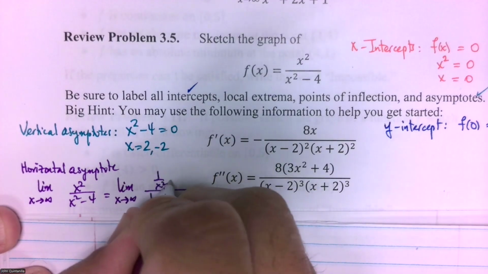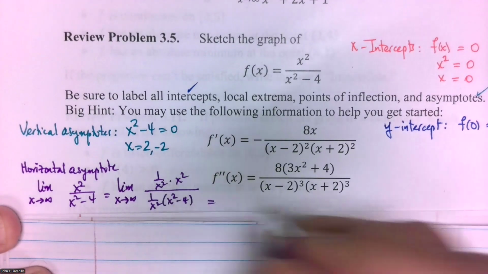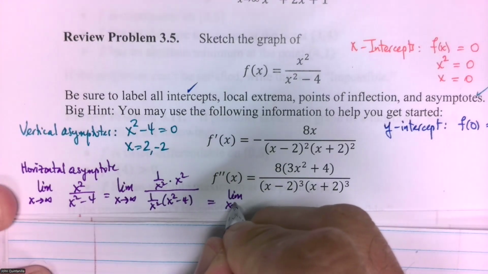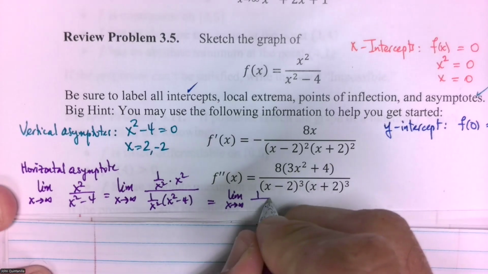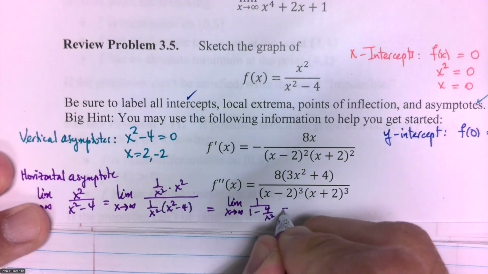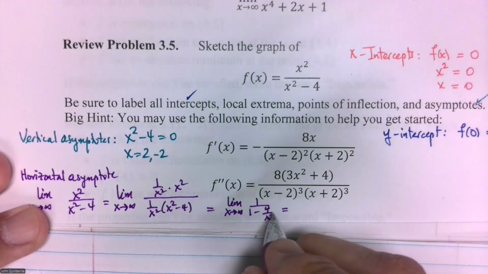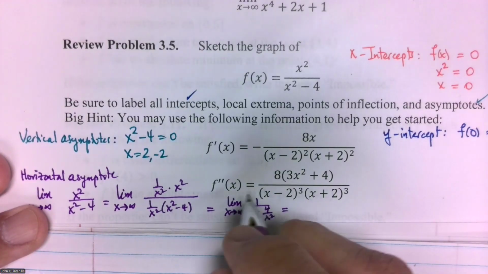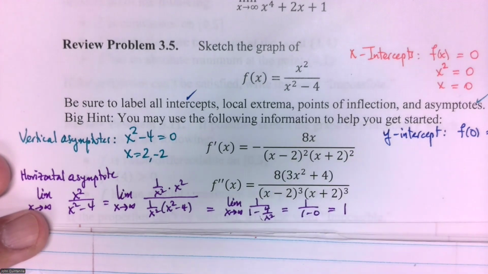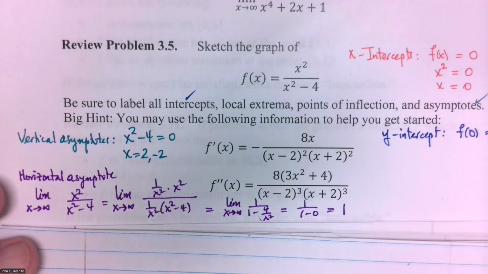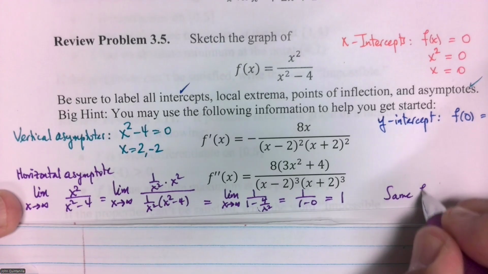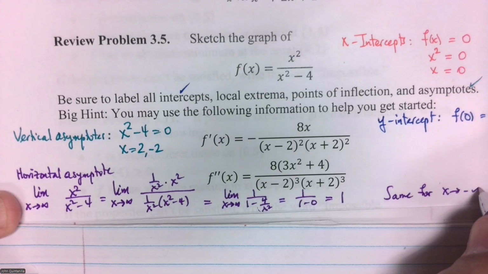That is equal to the limit as x approaches infinity of 1 over 1 minus 4 over x squared. 4 over x squared goes to 0 as x goes to infinity. So this goes to 1 over 1 minus 0, which is 1. And the same will apply for x goes to negative infinity, the exact same logic.